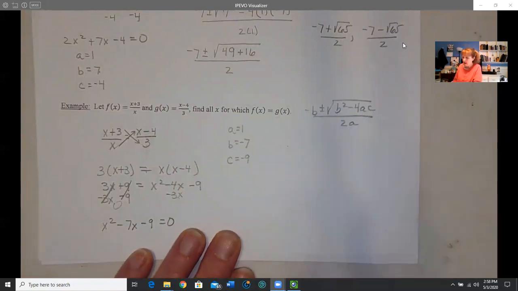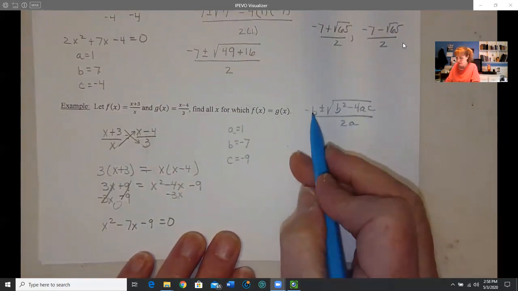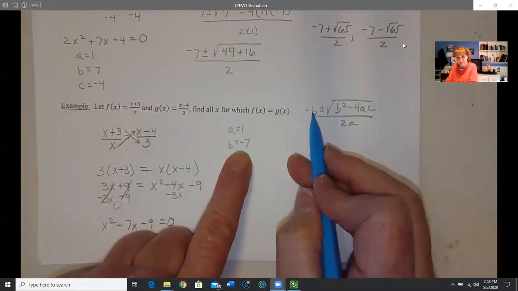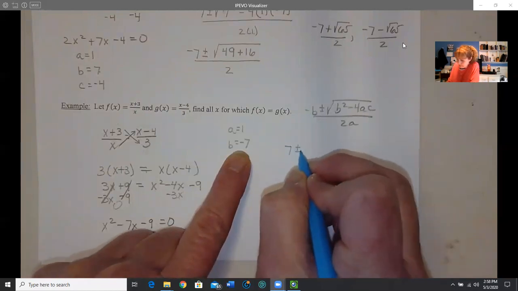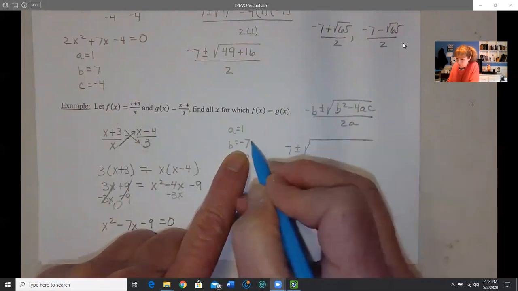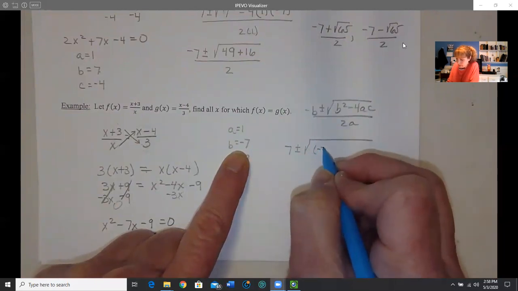All right, so opposite of B. We're going to take the opposite of the B. B is a negative 7. The opposite of a negative 7 is a positive 7. Negative 7 squared, use parentheses.